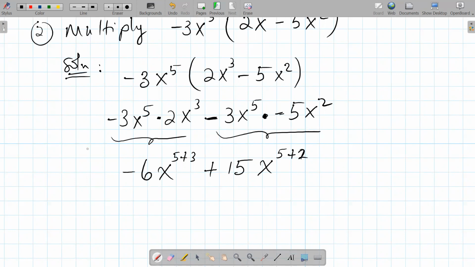So all in all, I'm getting something like negative 6x⁸ plus 15x⁷. That's my result.